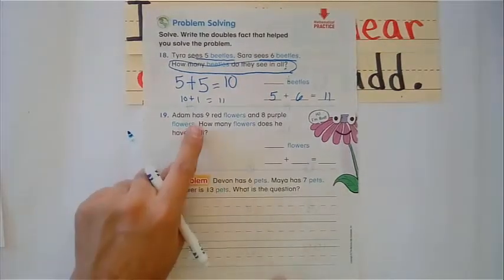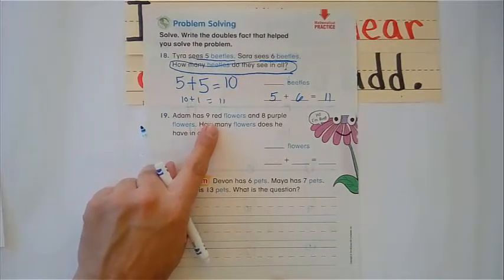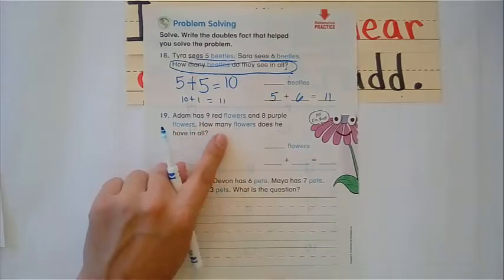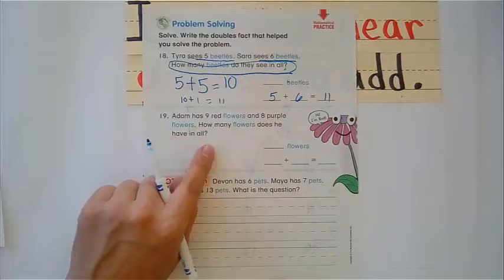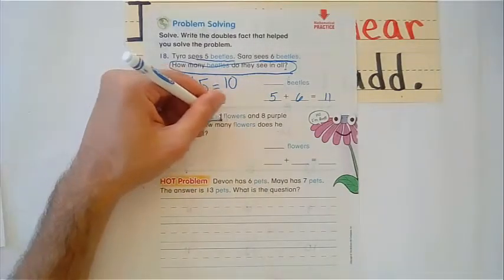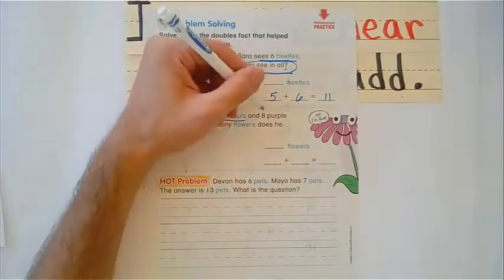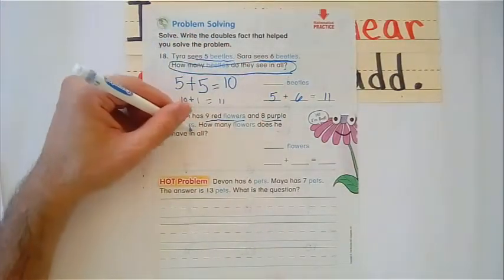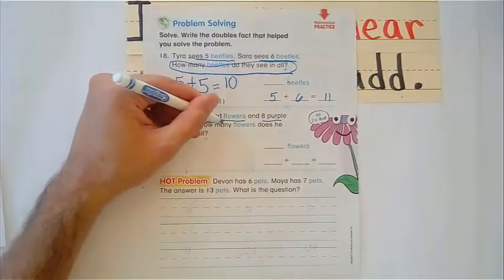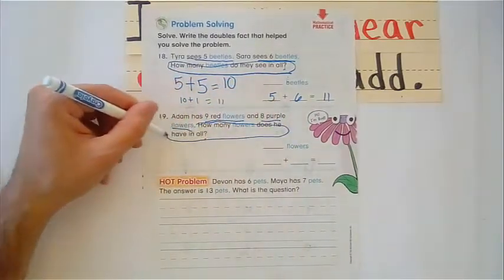Okay, so this one says Adam has 9 red flowers and 8 purple flowers. How many flowers does he have in all? So I know that Adam has 9 red flowers and he has 8 purple flowers. And how many in all? I see a question mark. So that means I'm going to circle that because that's what I need to find out.